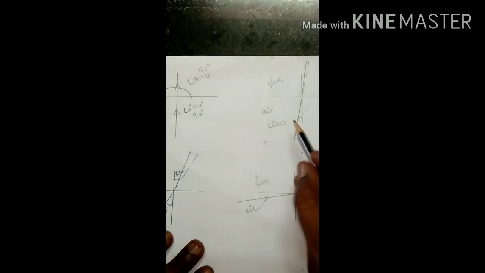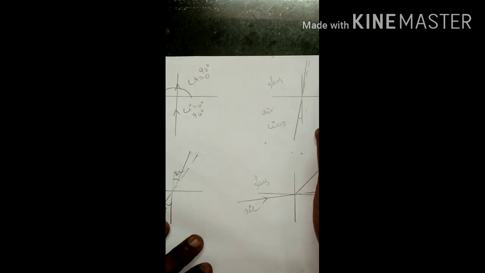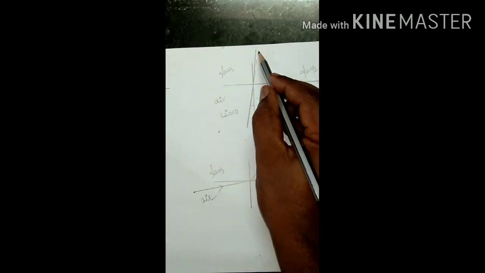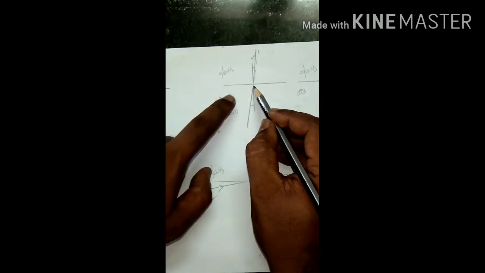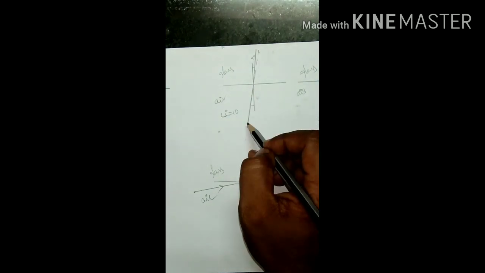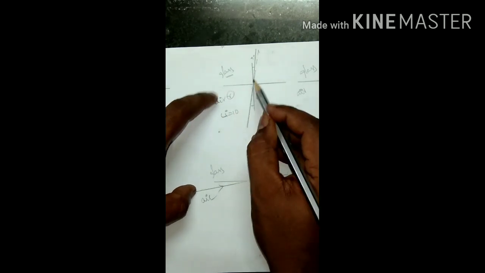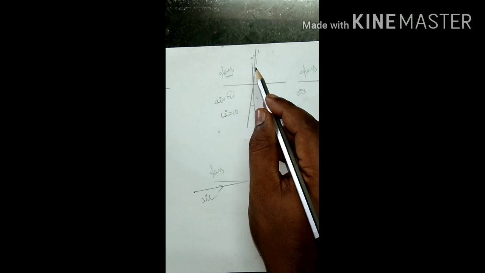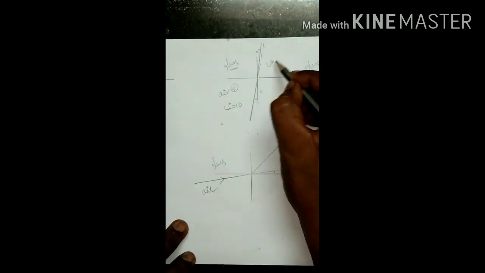And if the angle of incidence is 10 degrees, the estimated angle is 10 degrees, but the original angle is less. Whenever a light ray travels from air to glass, that is from rarer to denser, the angle of refraction is less. Angle r is less than angle i.